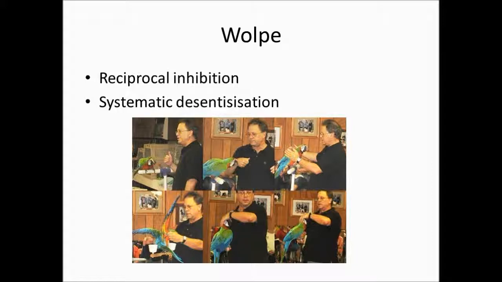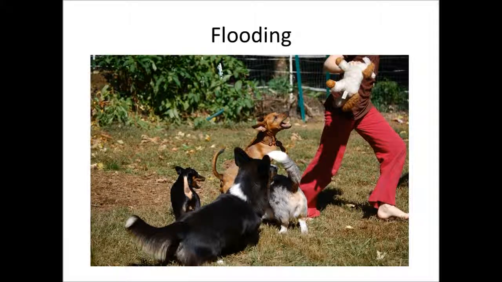We start with a very, very mild stimulus, such as even a picture of a bird, and then you might have a stuffed bird, then you might touch a stuffed bird, then you might be in the same room as a bird, and then you'll gradually do things that you can handle. So you'll be in the room and you'll be able to get this close, and then once you're comfortable with that, you'll go and you'll do something like this, just letting the bird touch you, and then gradually you get to the point where you move your way along until you're comfortable with the bird.